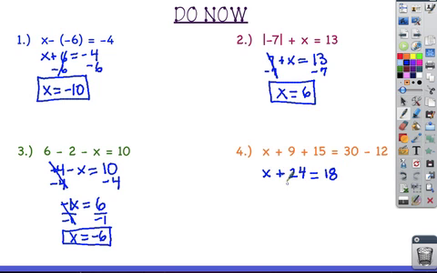We're adding 24 to x, so the inverse would be to subtract 24, which we do to both sides of the equal sign. And now we're left with x equals 18 minus 24. These are different signs, so we subtract and take the sign of the higher number. So we have that x equals negative 6.